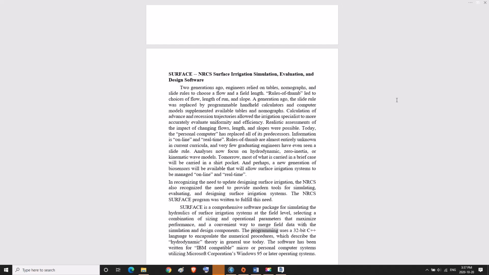The programming uses a 32-bit C++ language to encapsulate the numerical procedures, which describe the hydrodynamic theory in general use today. The software has been written for IBM-compatible micro or personal computer systems utilizing Microsoft Corporation's Windows 95 or later operating systems.